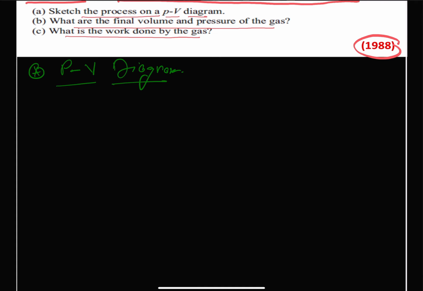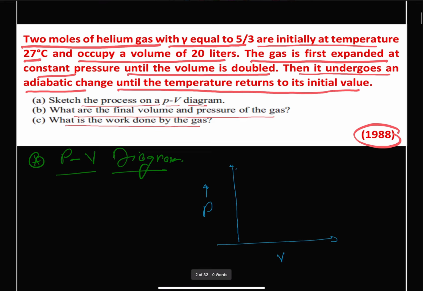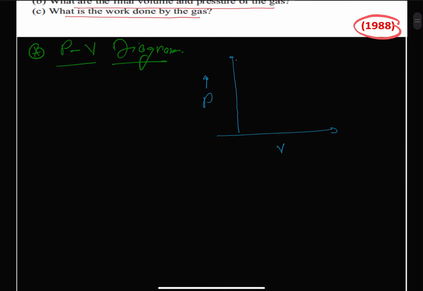So the PV diagram is, this is our volume on the x-axis and pressure along our y-axis, and it states that initially the temperature is 27 and volume is 20 liters. So let us suppose this is the volume and it is our 20 liters, so it will be 20 into 10 to the power minus 3.